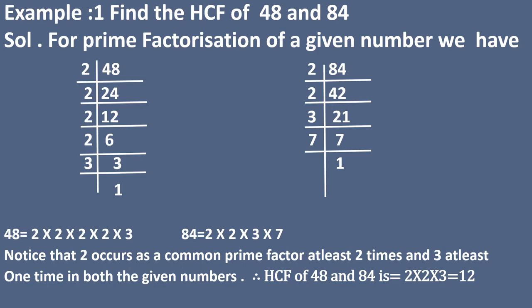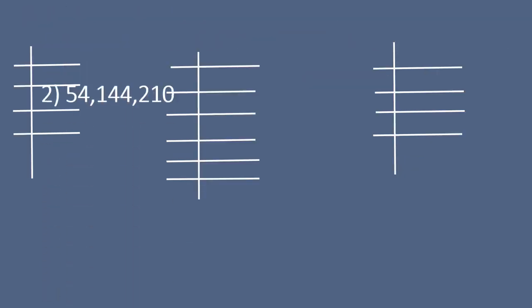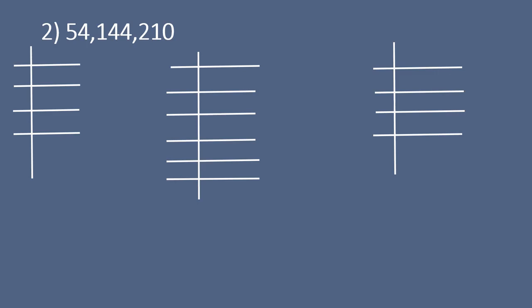See one more example. Now here you have to find out the HCF of three numbers, 54, 144 and 210. Whether the numbers are 2 or 3 or 4, the procedure will remain the same. First of all, you have to find out the prime factorization of all the three numbers.